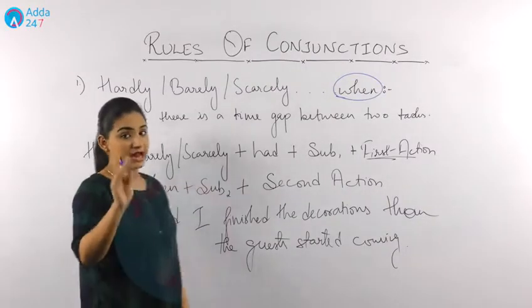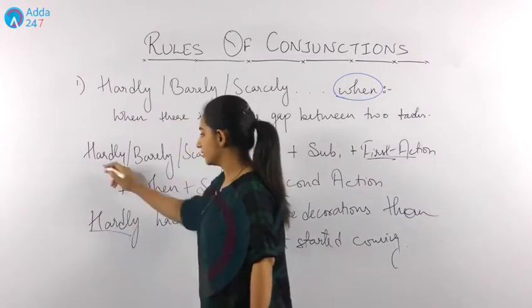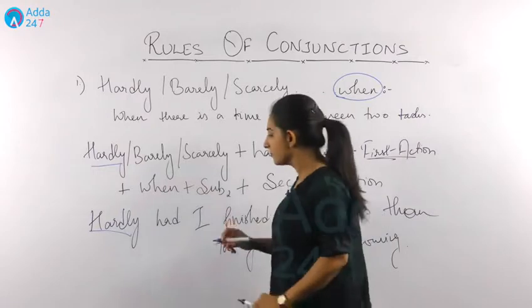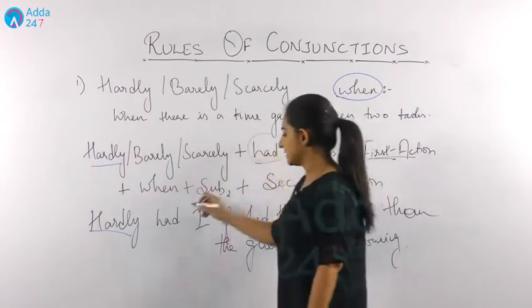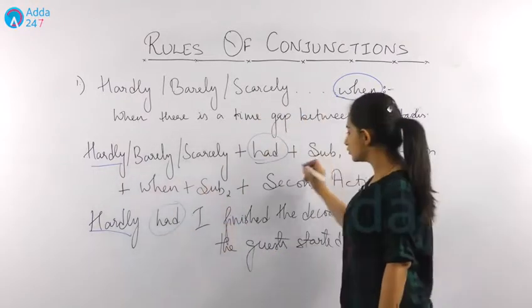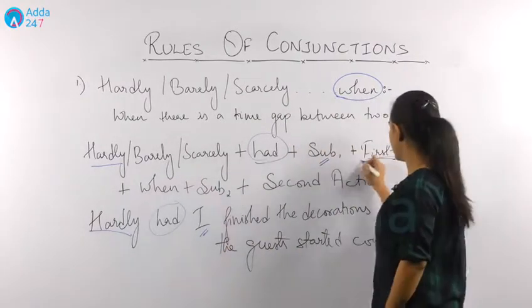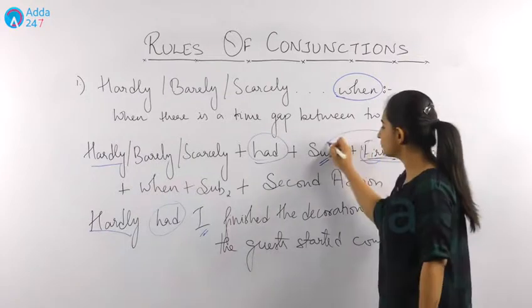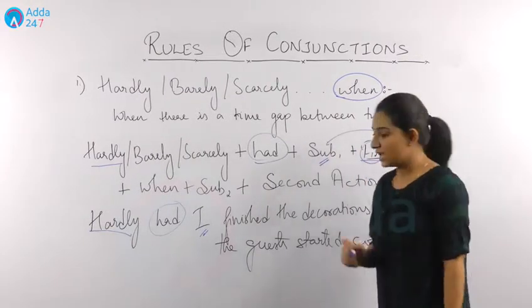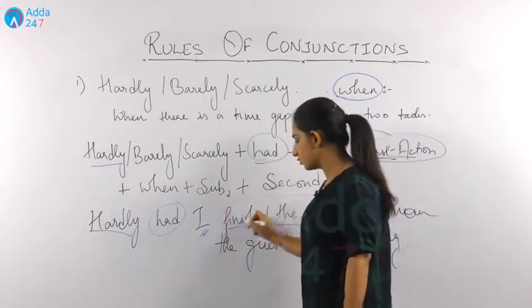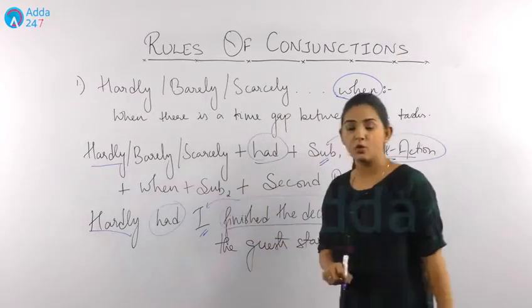You have placed at first hardly. Now, you can either use hardly, barely, or scarcely, right? After that, you should place had, which is correct. Then you should have placed a subject, that is I, which is again correct. And then the first action which needs to be performed by the subject. And here the action is finished the decorations. And who finished it? Subject 1.